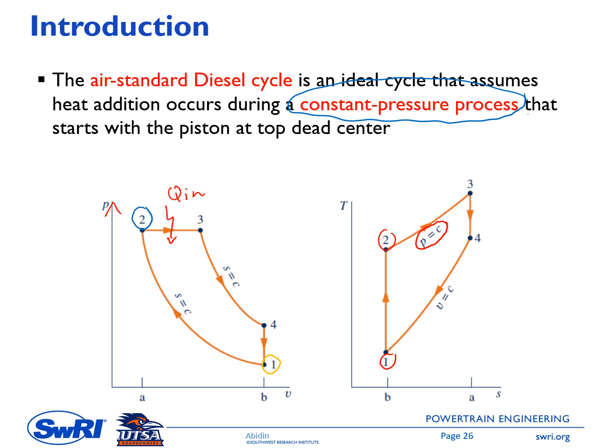In the TS diagram again, 3 to 4 here is the expansion process, and then 4 to 1 is the process at constant volume. And see here that the slope of the constant pressure line is smaller than the slope of the constant volume line.